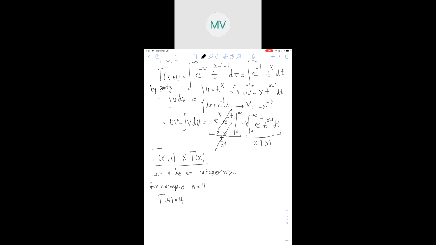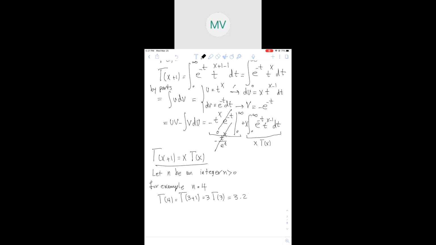Well, according to this, this is 4 times gamma of... gamma of 4 is gamma of 3 plus 1. So according to that, that's 3 gamma of 3, right? Basically, gamma of any number is one less than the number times the gamma of one less number, right? So gamma of 4 is 3 gamma 3.